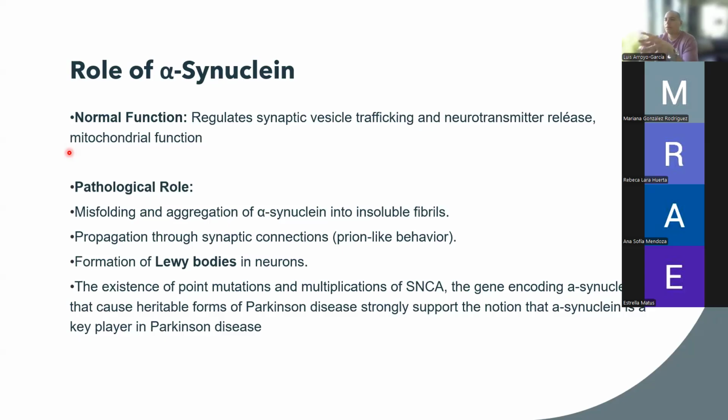These Lewy bodies propagate between neurons, like in prion disease. There is also a genetic part, which is point mutations in the SNCA gene, the one that encodes alpha-synuclein, and that generates hereditary Parkinson's disease.